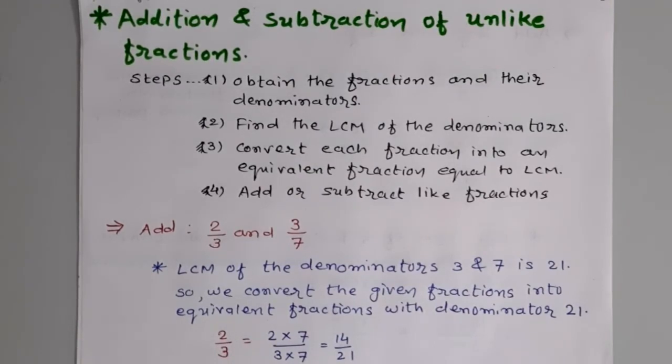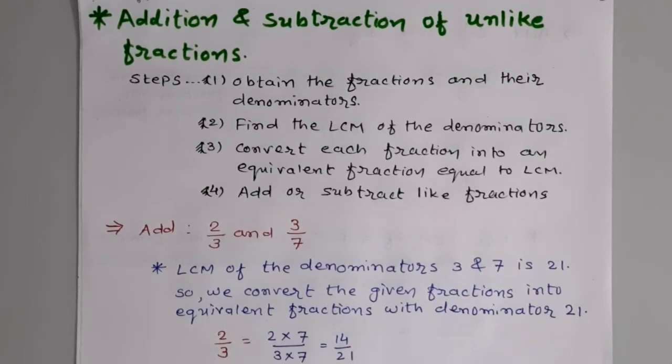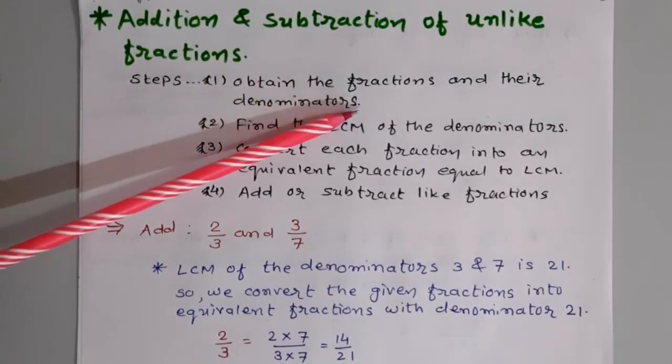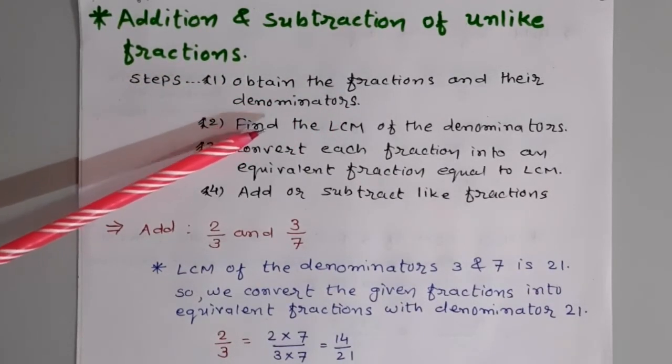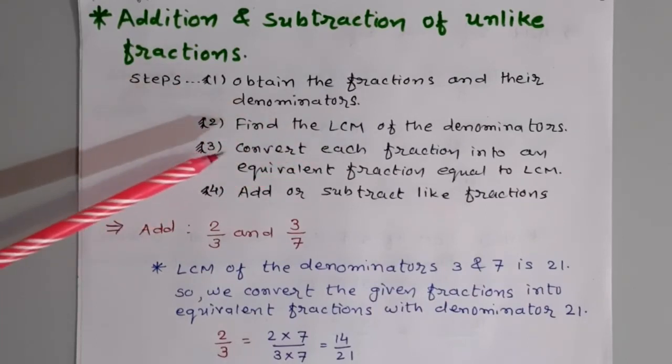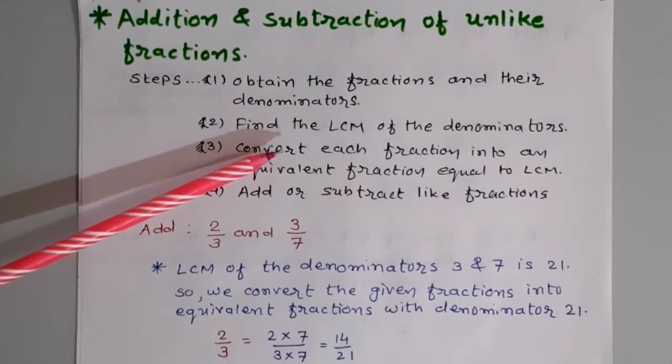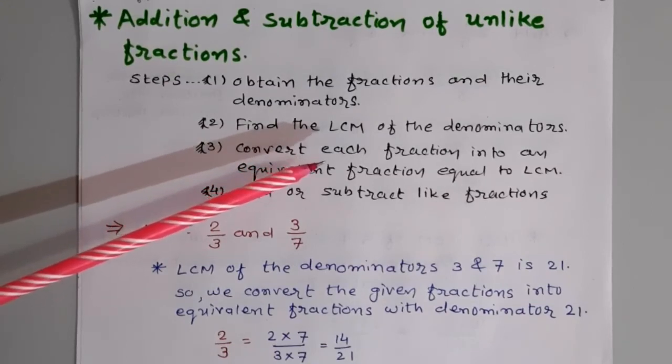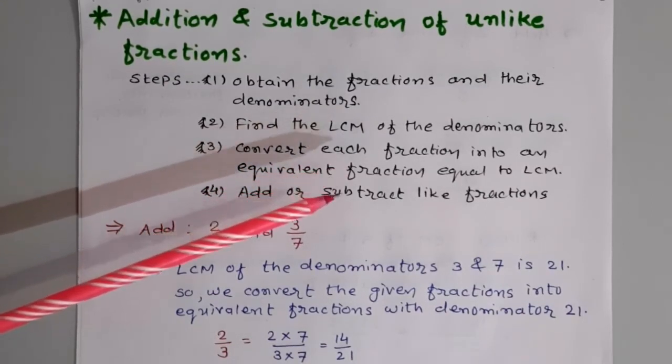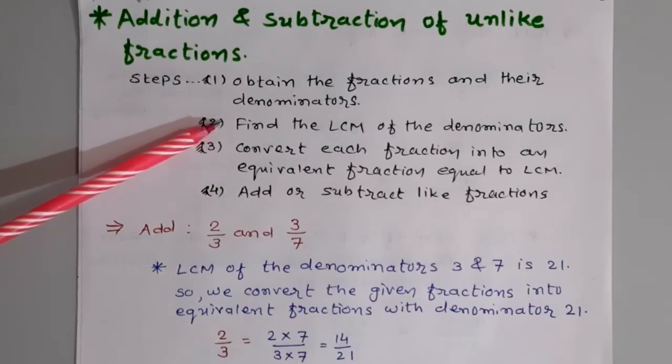It is difficult to add fractions that do not have the same denominator. In order to add or subtract unlike fractions, we first convert them into corresponding equivalent like fractions, and then they are added or subtracted. So we have to follow a few steps like this: obtain the fractions and their denominators, find the LCM of the denominators, and convert each fraction into an equivalent fraction having its denominator equal to the LCM obtained in step 2.